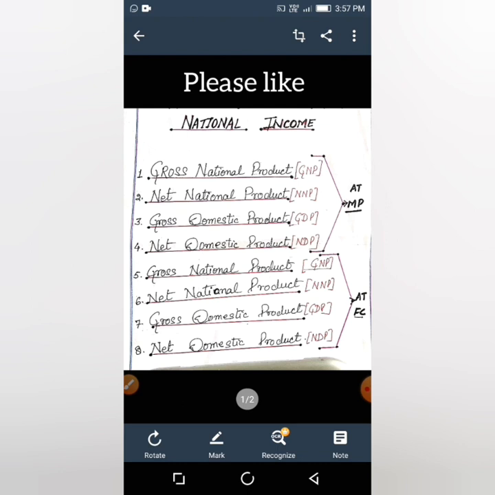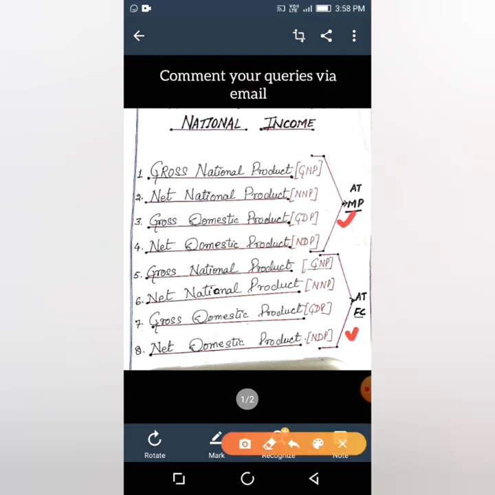The main aggregates are gross national product, net national product, gross domestic product, net domestic product. These aggregates may be at market price or at factor cost. Do you know what is market price and factor cost?